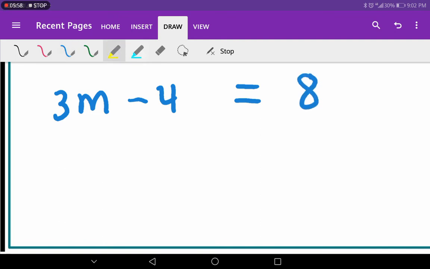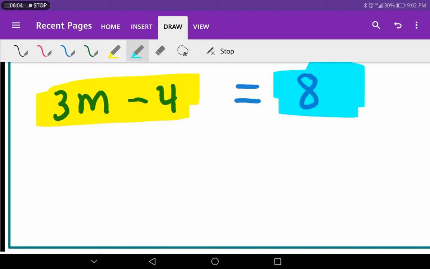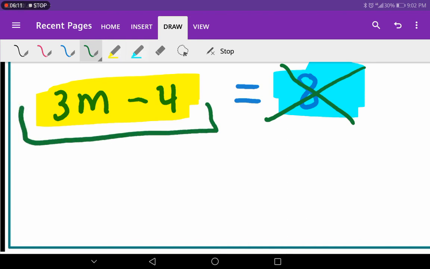As we learned, determine the left side and the right side. Don't look here. Look here. Ignore this part, the coefficient part. Ignore it for the first step. Okay, so what do you have to do?